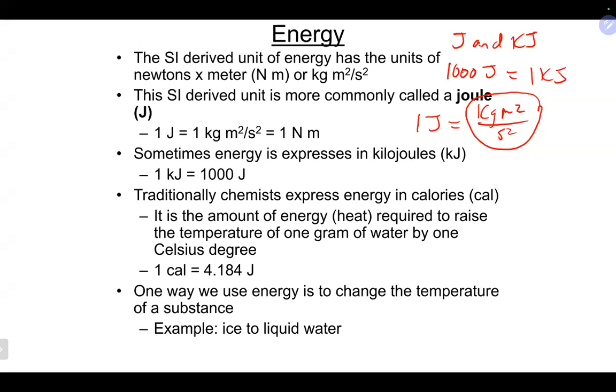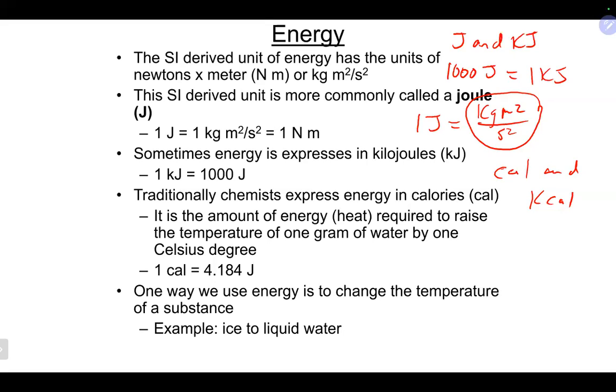The other common units for energy are actually calories, and these are lowercase calories. A calorie is the amount of energy that's required basically to raise 1 gram of water by 1 degree Celsius. So a calorie and also a kilocalorie are two other common units of energy that we come across.